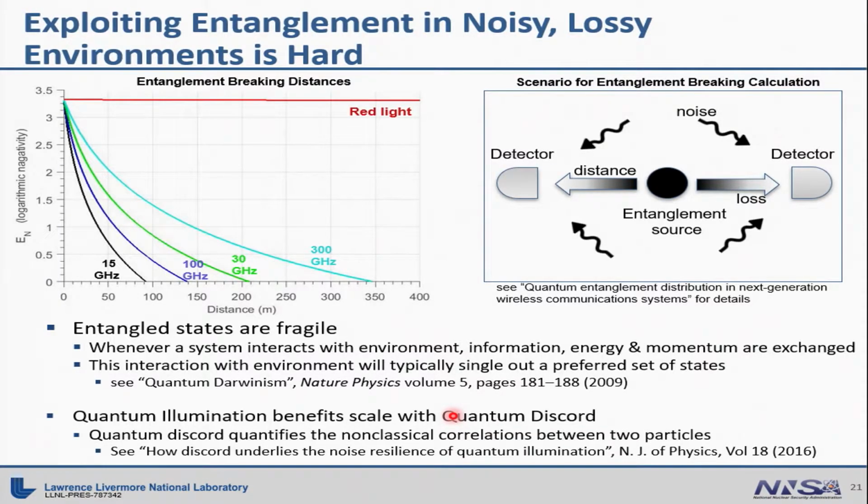It may become a very small amount of correlation, but it's guaranteed to be finite for any distance. And so it turns out the quantum radar performance scales directly with the amount of quantum discord you have in your states. And that's why Seth Lloyd's approach works even in lossy, noisy environments. He's just looking for these strong correlations that persist even in noisy environments.